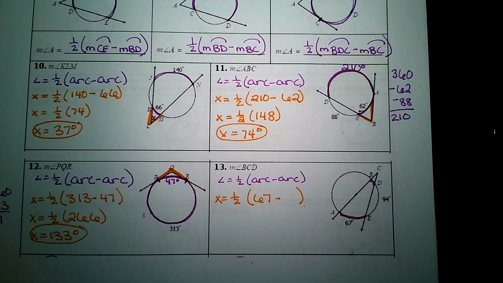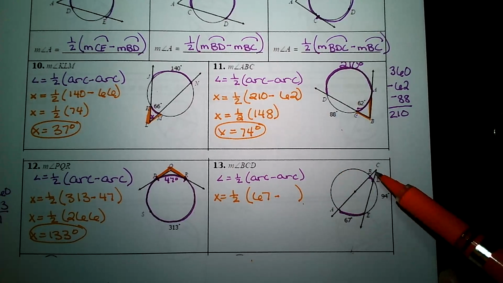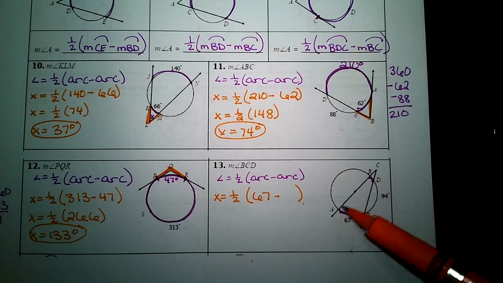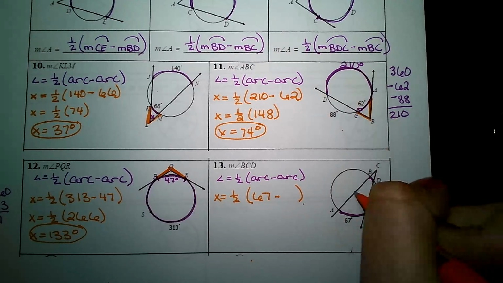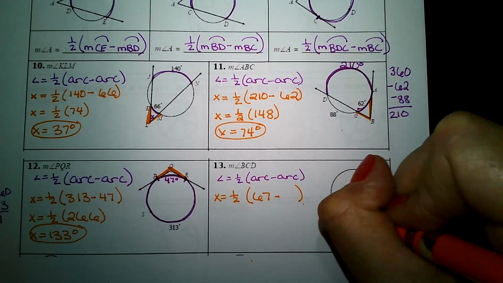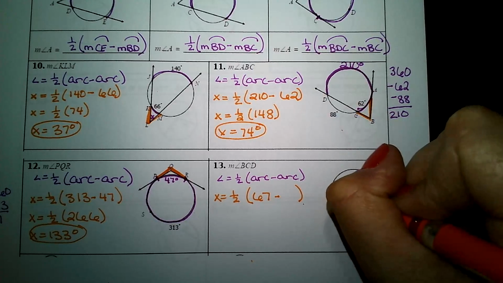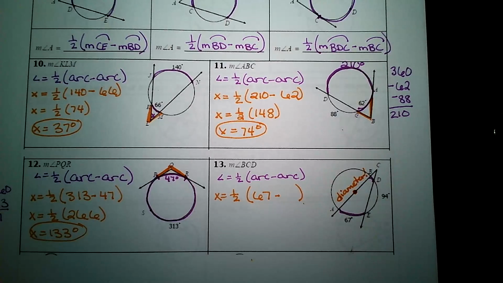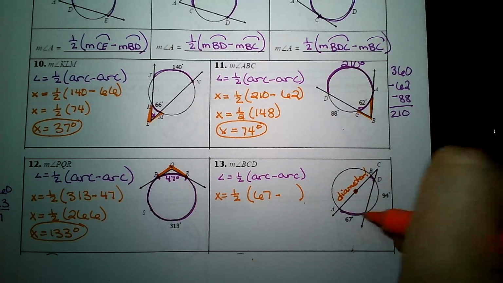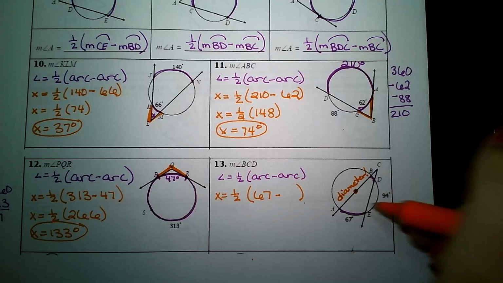Well, check out our circle and check out where this secant line on the left cuts through. It cuts through right at the center, so it's a diameter. And if it's a diameter, it cuts the circle in half, which means you're only dealing with 180 degrees on the right side.